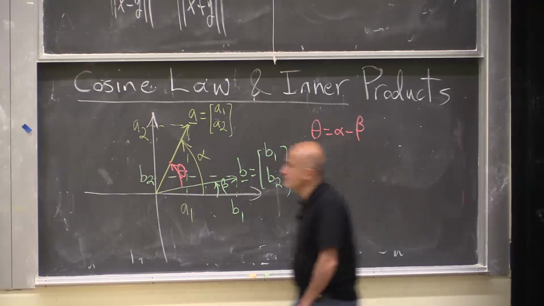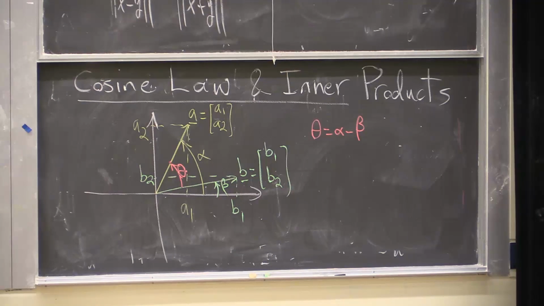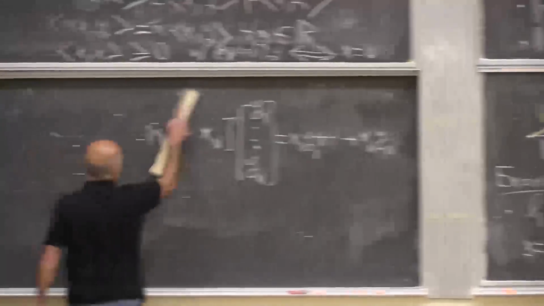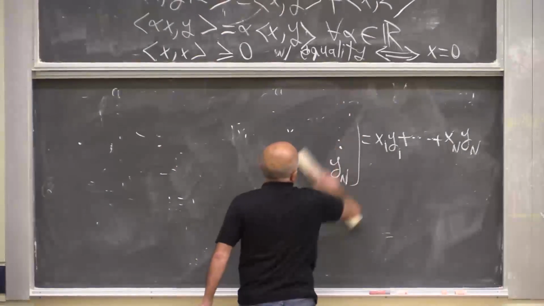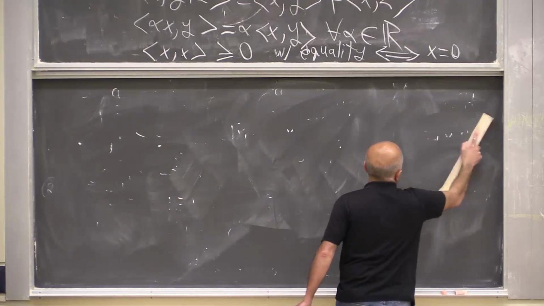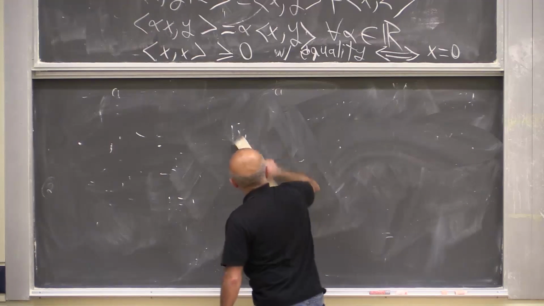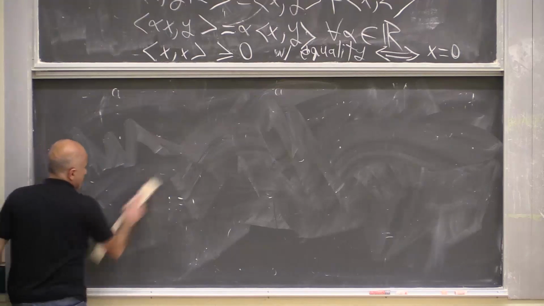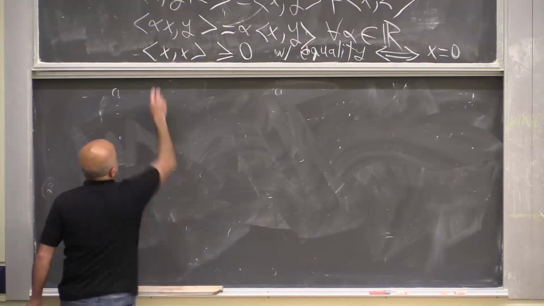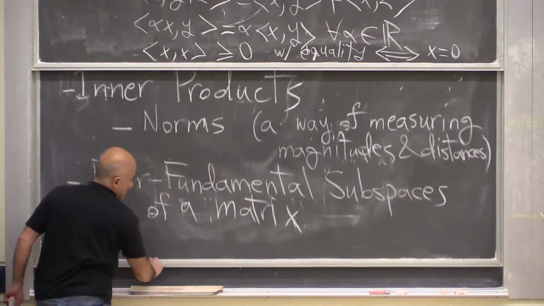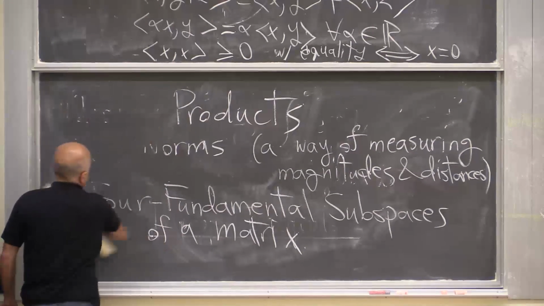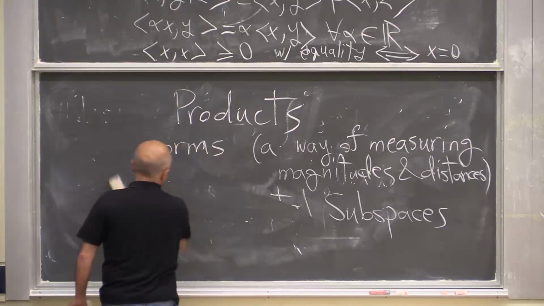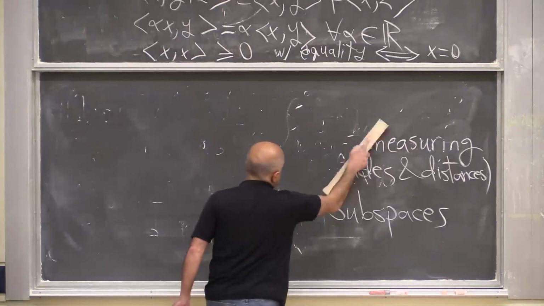Now, what happens when I take the inner product of these two vectors? What is it in terms of A1, A2, B1, B2?